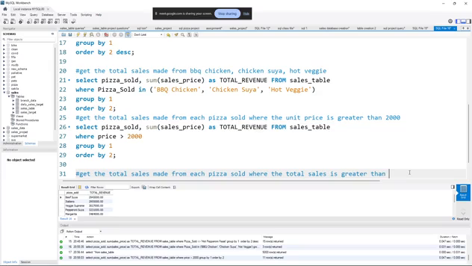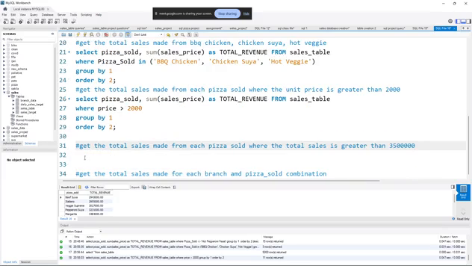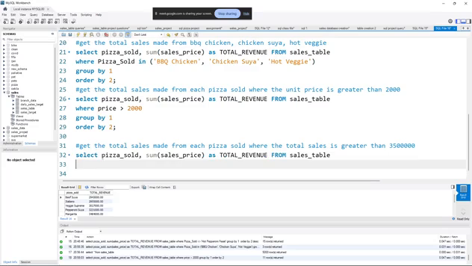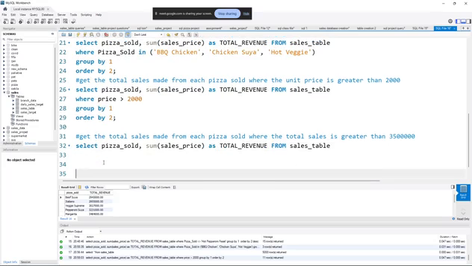So I want to see where the total sales is greater than 3.5 million. Yes, 3.5 million. So how am I going to write it? So let's select pizza sold, sum of sales price as total revenue from sales table.